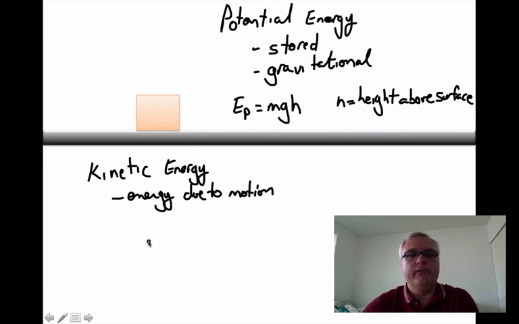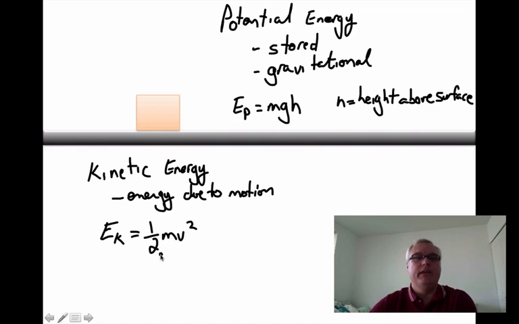Okay? So as long as the object is moving, it has energy due to its motion. And kinetic energy, Ek, is going to be equal to 1/2 mv squared. Okay, so the speed of the object squared. The faster the object's moving, the more energy it has, obviously.